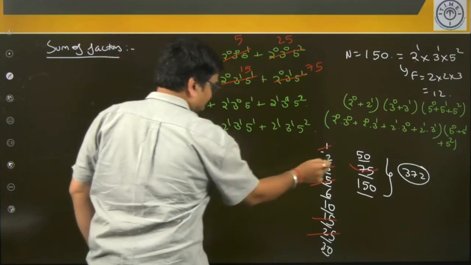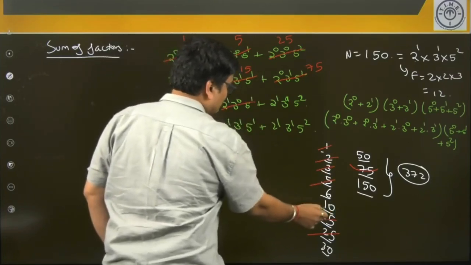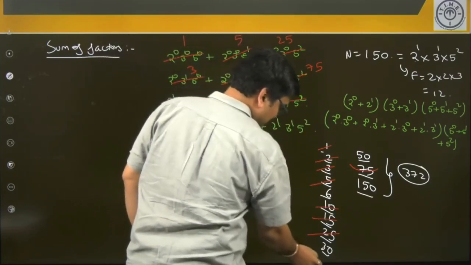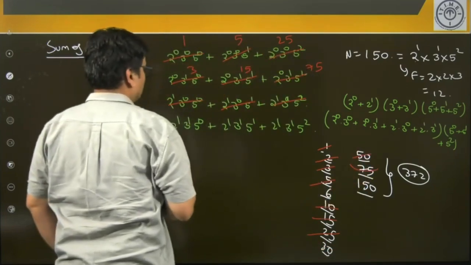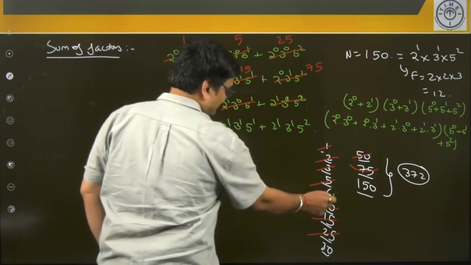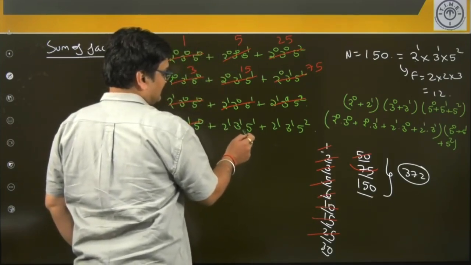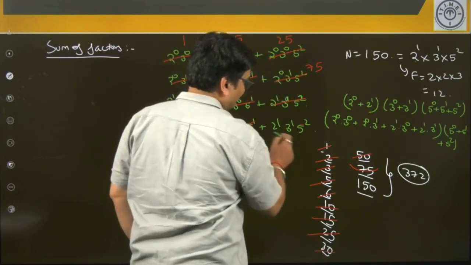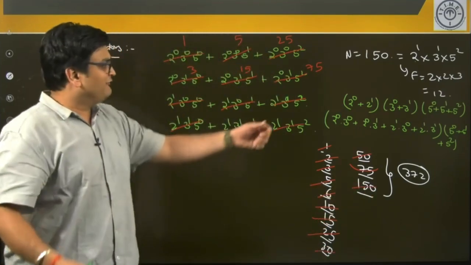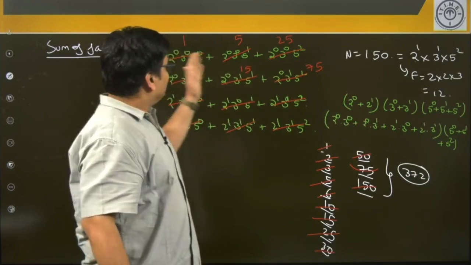This is 2. This is 10. And this is 50. 25, 50. What is this? This is 6. This is 30. And this is 150. So if you notice, when you open up the brackets, you are basically getting the sum of factors only.